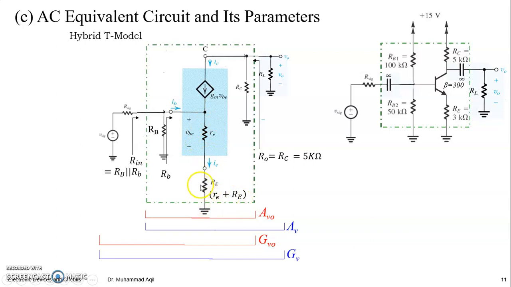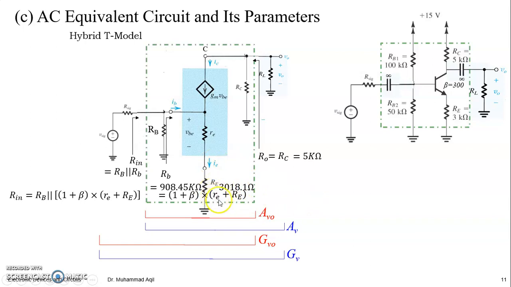And when this resistance is to be seen from the base of this transistor, we already know that IB and IE have a 1 plus beta relation, right? IE is 1 plus beta times greater than IB. It means whatever resistance is at the emitter is 1 plus beta times higher at the base. That's why base current is 1 plus beta times smaller than the current at the emitter, right?